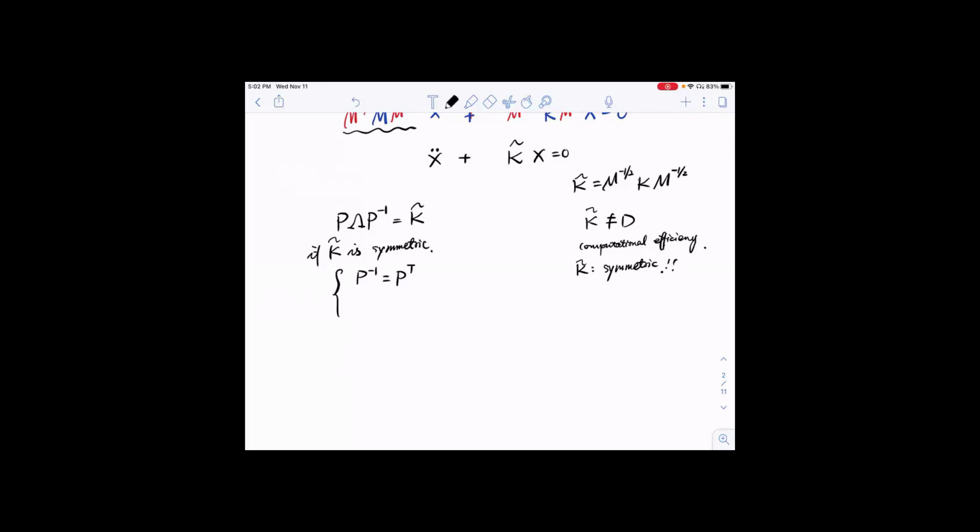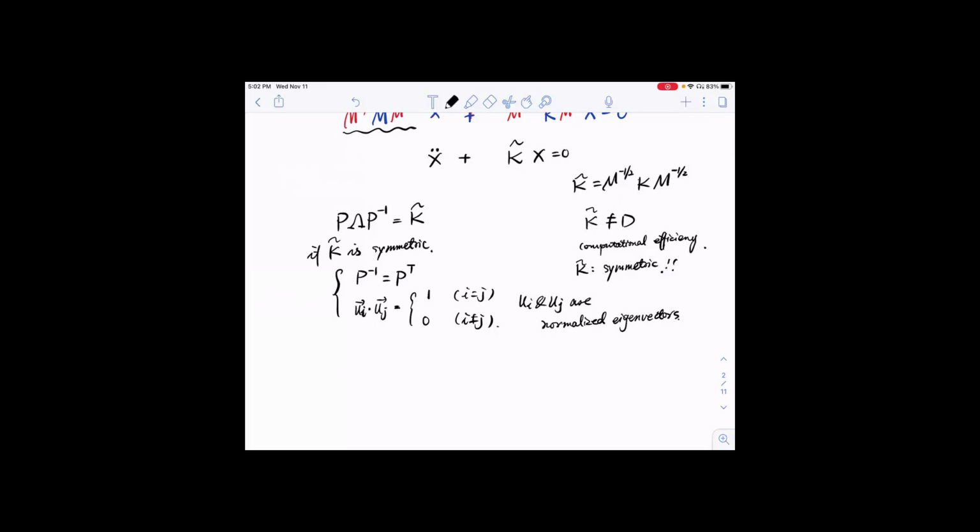The second property is that Ui dot product Uj equals 1 if i equals j, and 0 if i is not equal to j. So Ui and Uj are normalized eigenvectors. Those are the two major properties for the eigenvectors when the K matrix is symmetric.